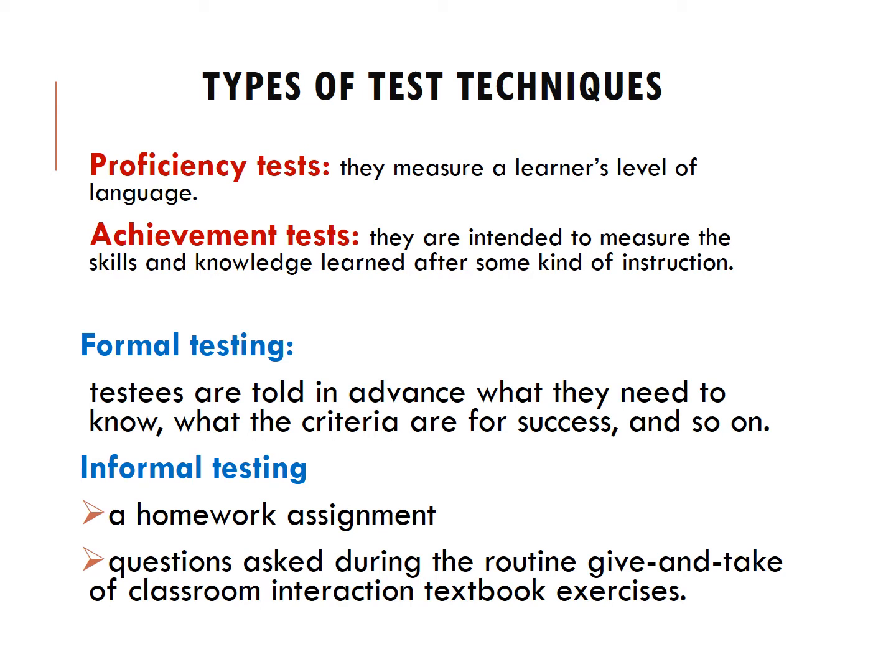For example, a homework assignment, questions asked during the routine, give and take of classroom interaction, textbook exercises. And any informal activity can be considered in the informal testing that are used to check the students' performance of their learning tasks.